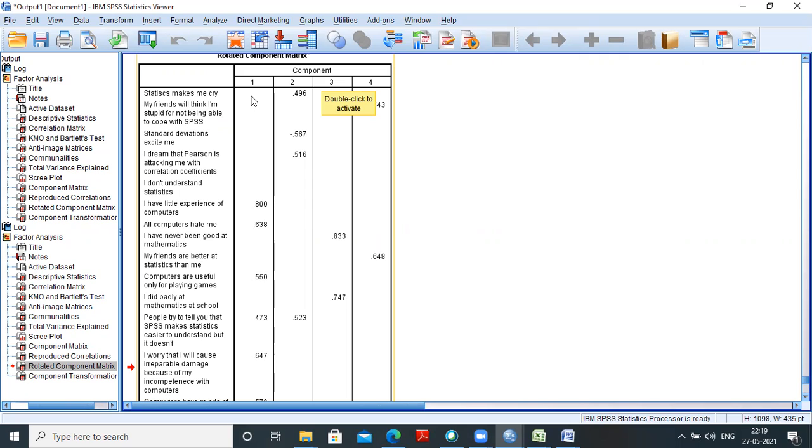So the first component can be named understanding level of computers. Second is understanding level of statistics, third is understanding level of mathematics, and fourth is perception of friends.